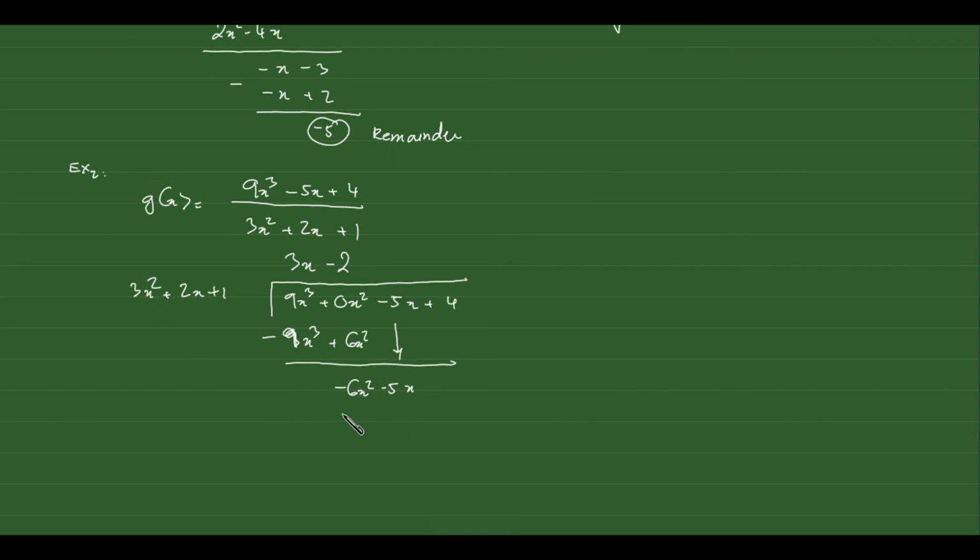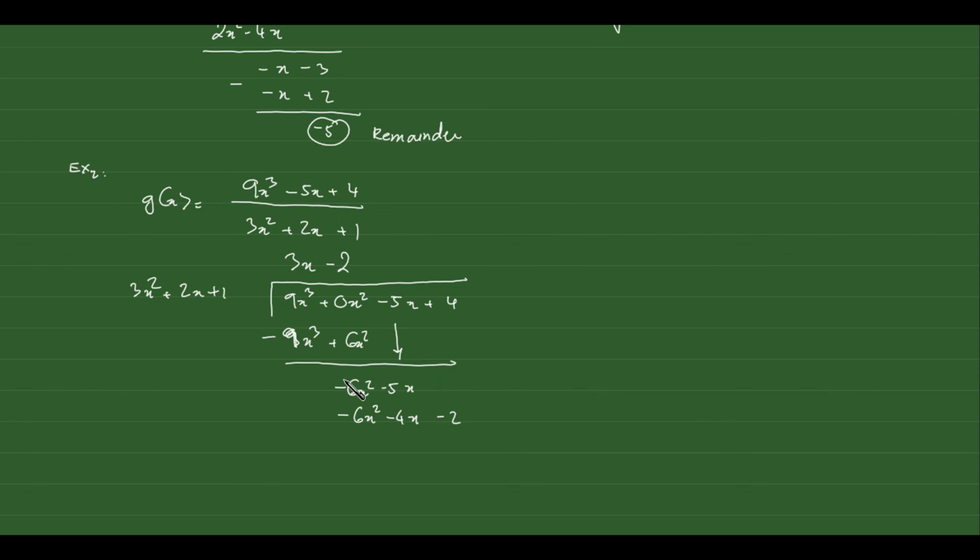So negative 2 times negative 6x. Okay, you have to master long division.